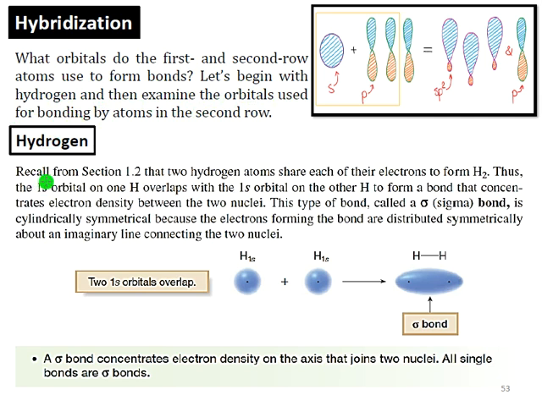For hydrogen, it says here, two hydrogen atoms each share their electrons to form hydrogen gas, H2. Every hydrogen atom uses the s orbital, and the s orbital here will overlap, meaning mix together like that, with the s orbital of the second hydrogen to give you this hybrid orbital with a sigma bond.